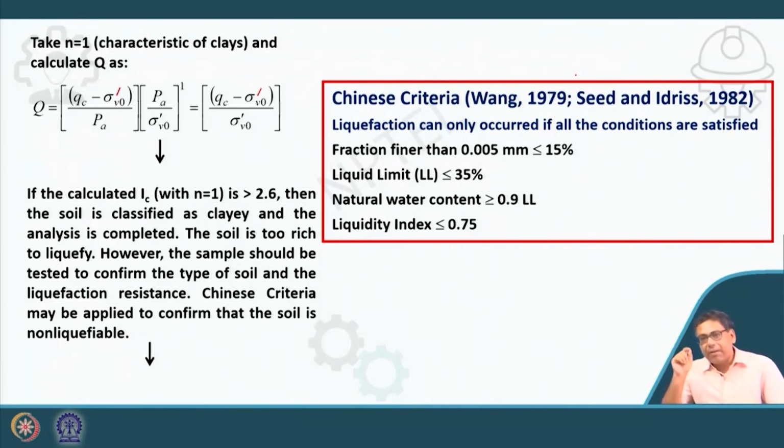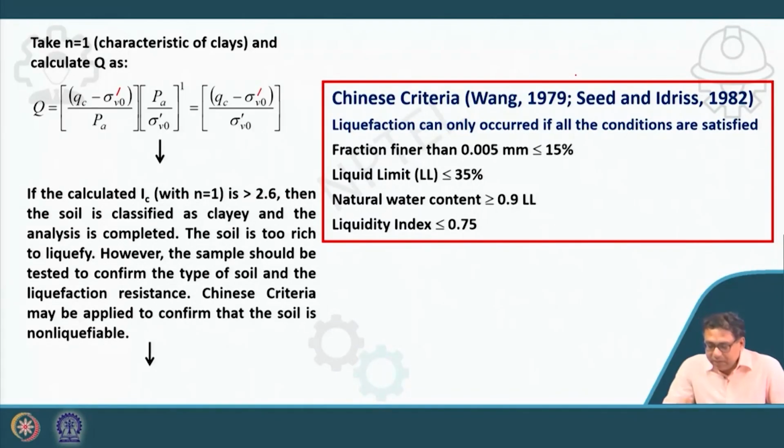So that means, what are fines? 0.005 millimeter finer. If that fines amount is less than 15%, then the liquefaction can occur. If it is greater than that, then the liquefaction will not occur. The possibility of liquefaction is nil. Or the liquid limit is less than 35%, or the natural water content is greater than 90% of the liquid limit, and the liquidity index is 0.75.